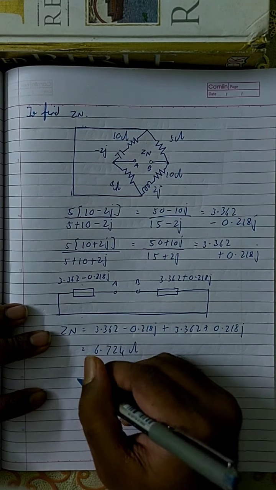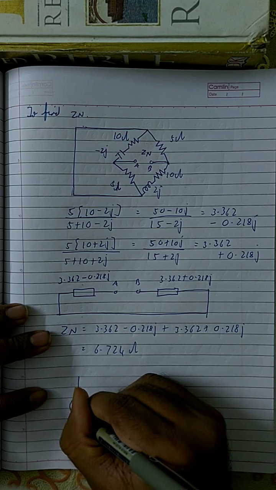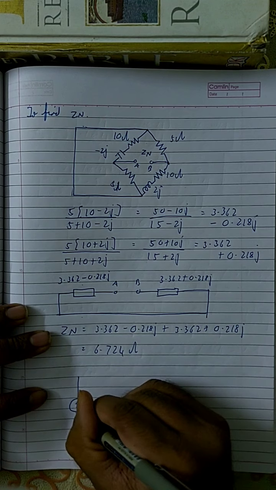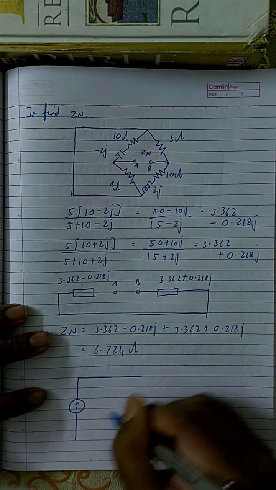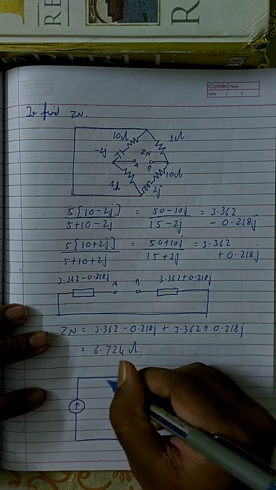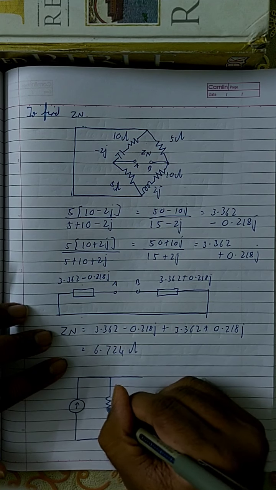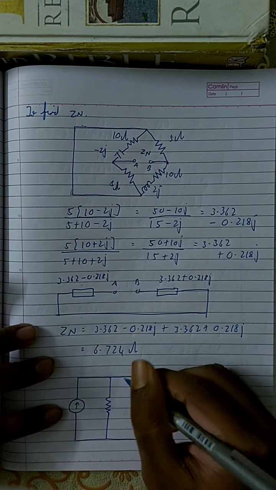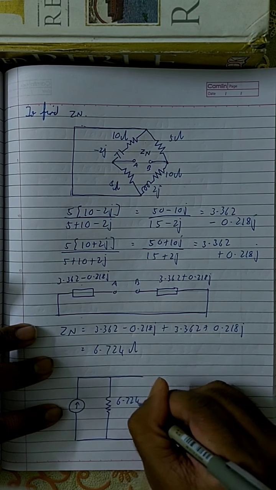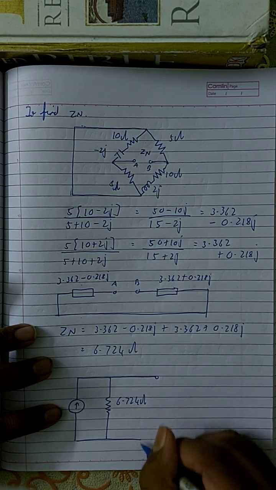So therefore we have a current source, and then you have a resistor, an impedance. I will draw the resistor because there is no imaginary part, so I will simply draw it as a resistor, and this is 6.724 ohms.